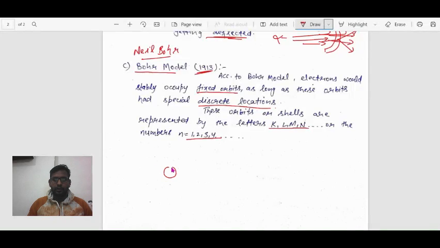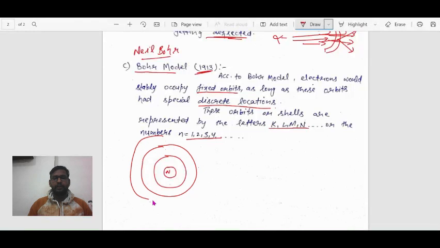This is the nucleus, and these are the orbits: K is first, L second, M third, and N fourth.